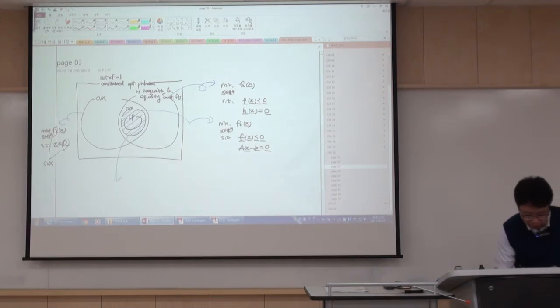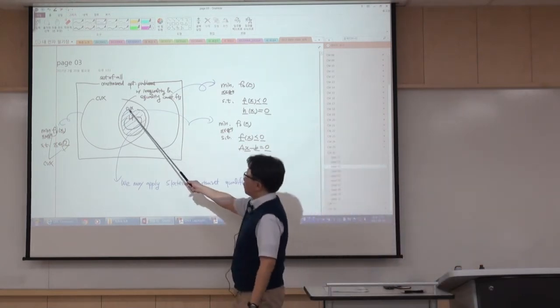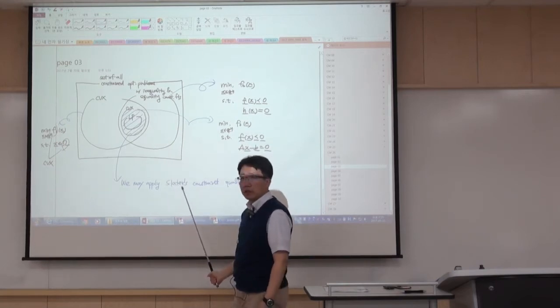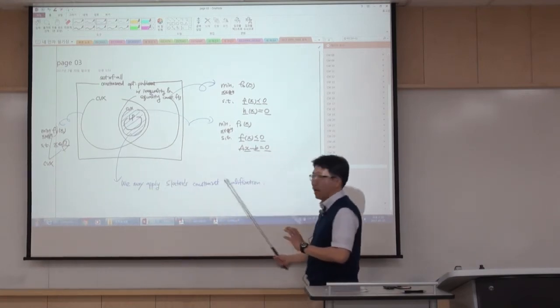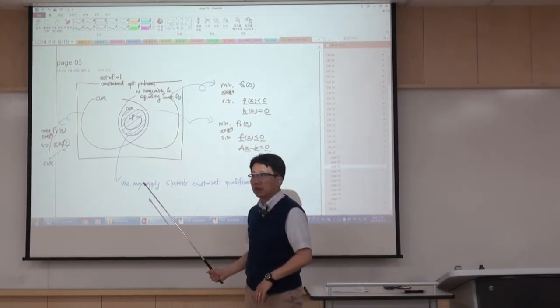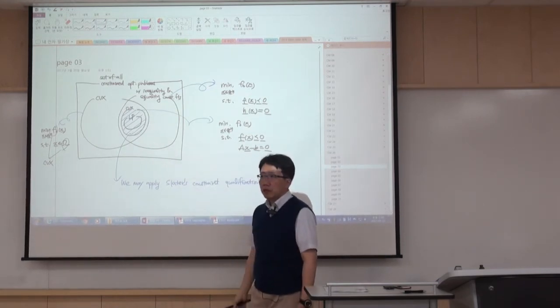Got it? Of course, not every convex problem satisfies strong duality. I say that you may apply. I'm not saying that you have strong duality. Got it? Some of the problems may not have strong duality.